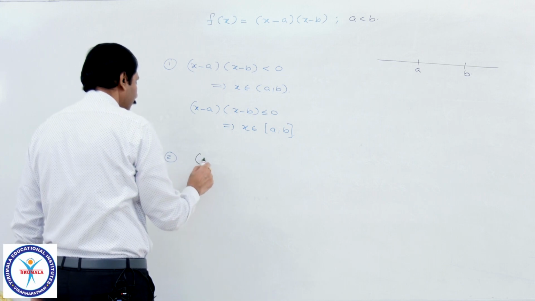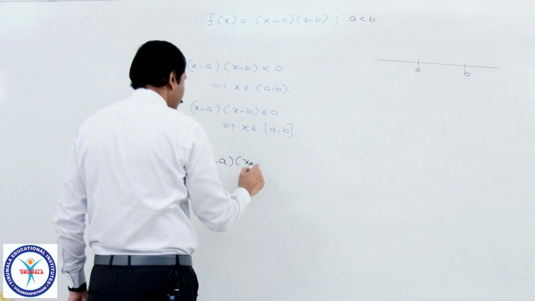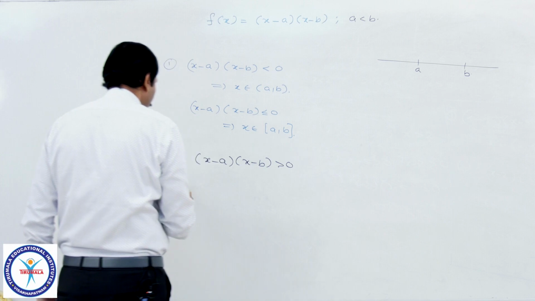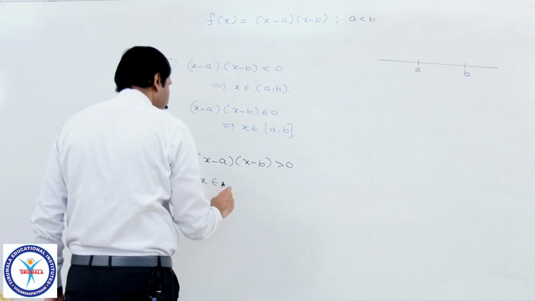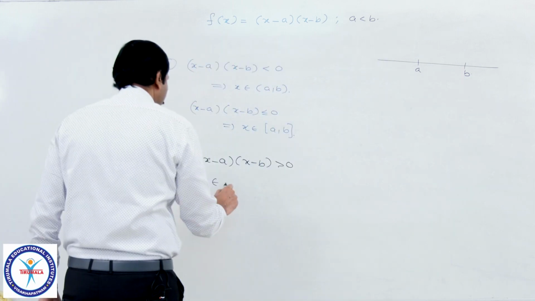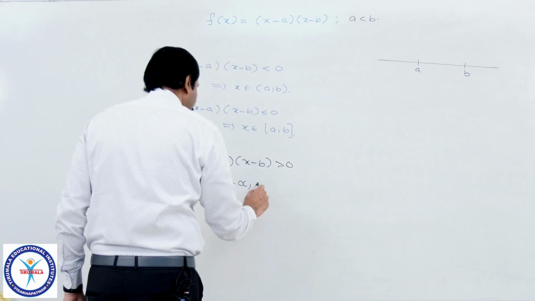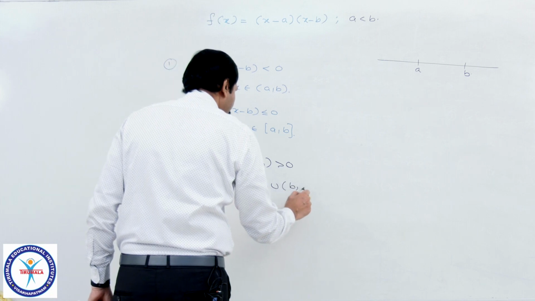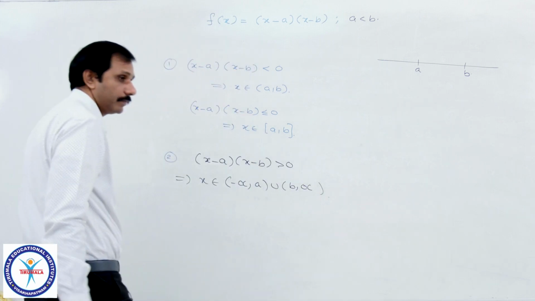Second point, (x minus a) into (x minus b) greater than 0, if I want, implies x belongs to outside, either less than a or greater than b: x belongs to (minus infinity, a) union (b, infinity).